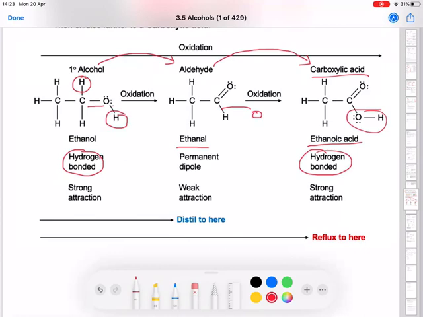All this will do is permanent dipole to permanent dipole forces of attraction due to the δ- and the δ+ in the molecule. That's weaker than either of the hydrogen bonds, which basically means that the ethanal will have a lower boiling point than either the alcohol or the carboxylic acid. So the process we use to get the aldehyde is distillation. We distill it off as it is formed.